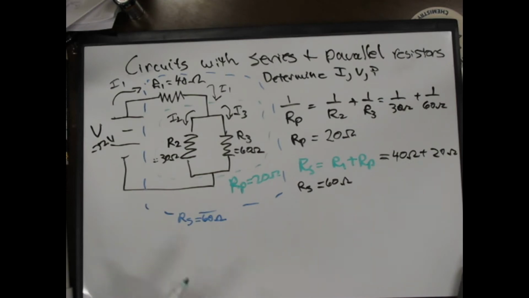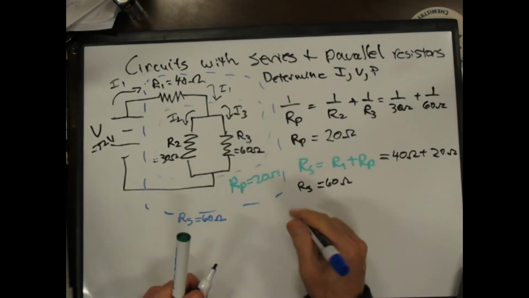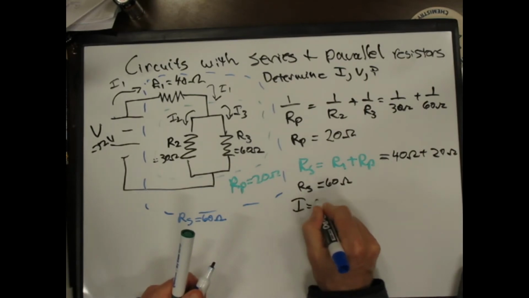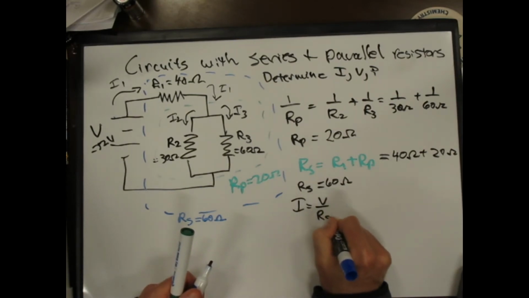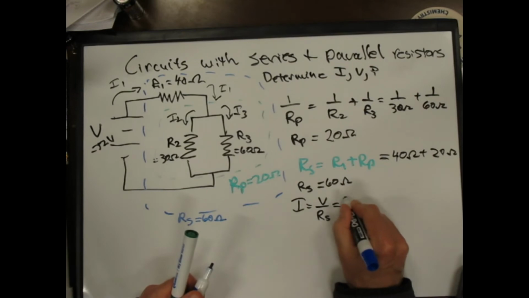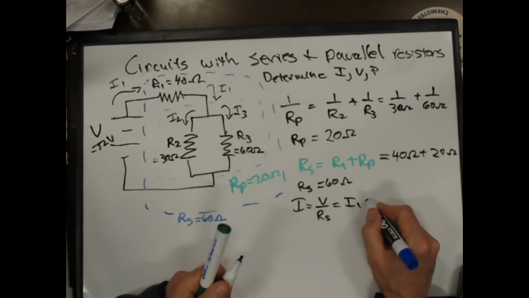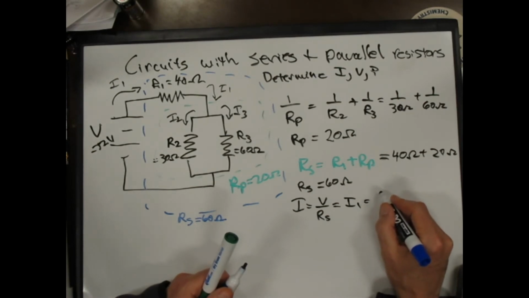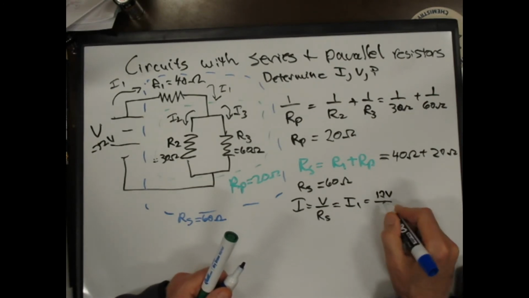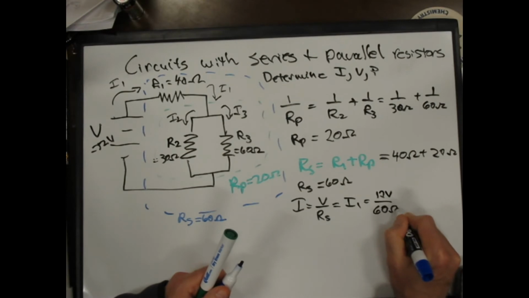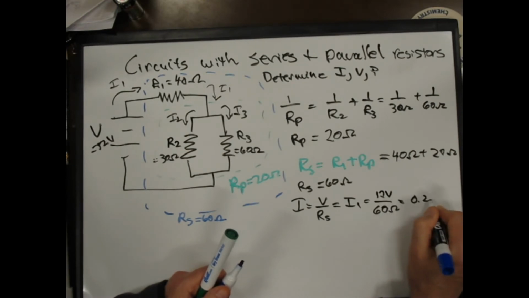And then I can say I is equal to V over R series. I call that I or I1, right, is equal to the voltage, which is 12 volts, divided by 60 ohms, which is 0.2 amps.